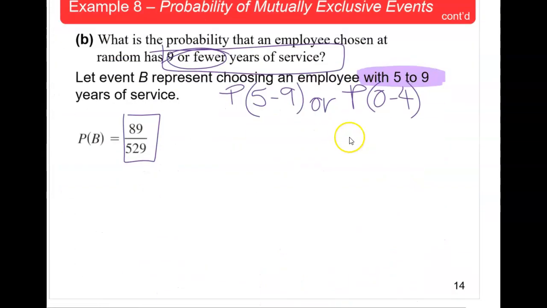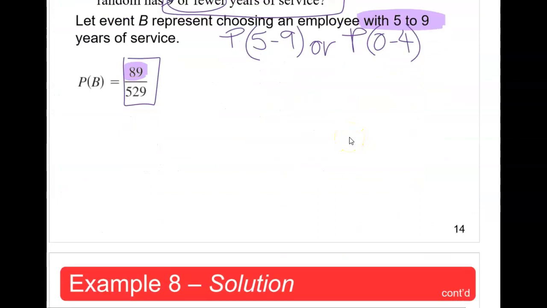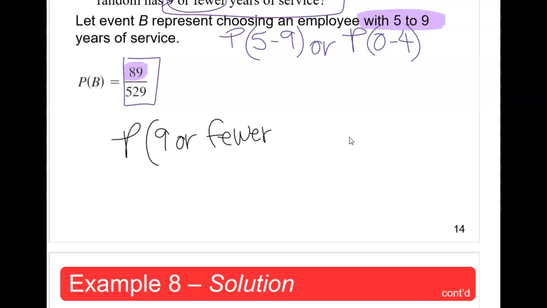But I feel like the question should have been worded, what is the probability that the employee chosen at random has 9 or fewer, but 5 or more.